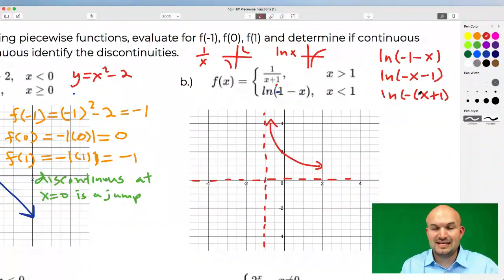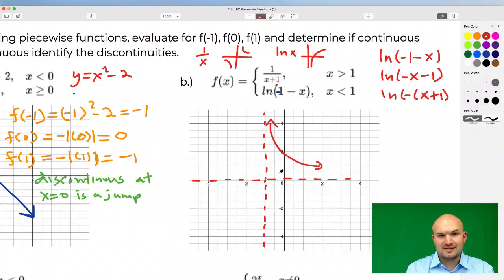So now what you see is we have a reflection about the y-axis. So this graph is being reflected about the y-axis, and it's going to be shifted 1 unit to the left. So if we took this function and we flipped it, and then we shifted it 1 unit to the left, I believe that would be the case right there. Flip it, and then if you took that graph, it's at 1, and then shifted it 1 unit to the left. Yeah, so it looks something like this.